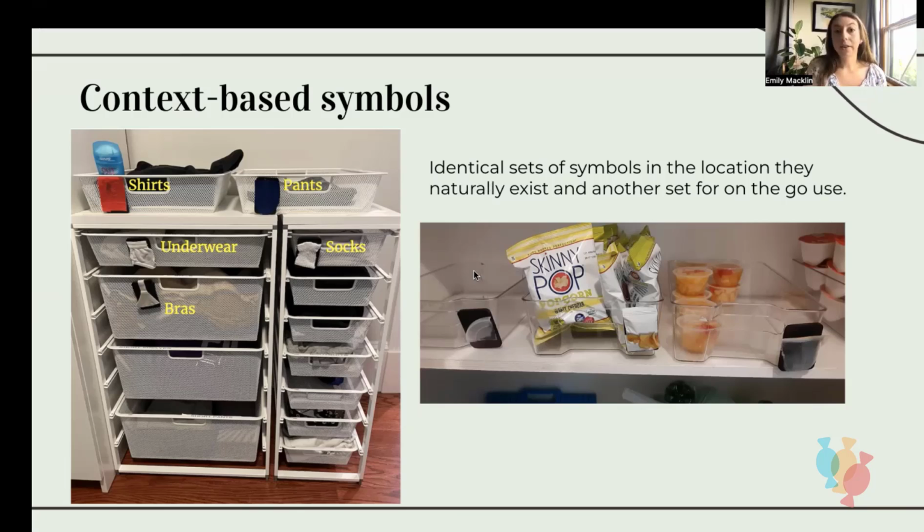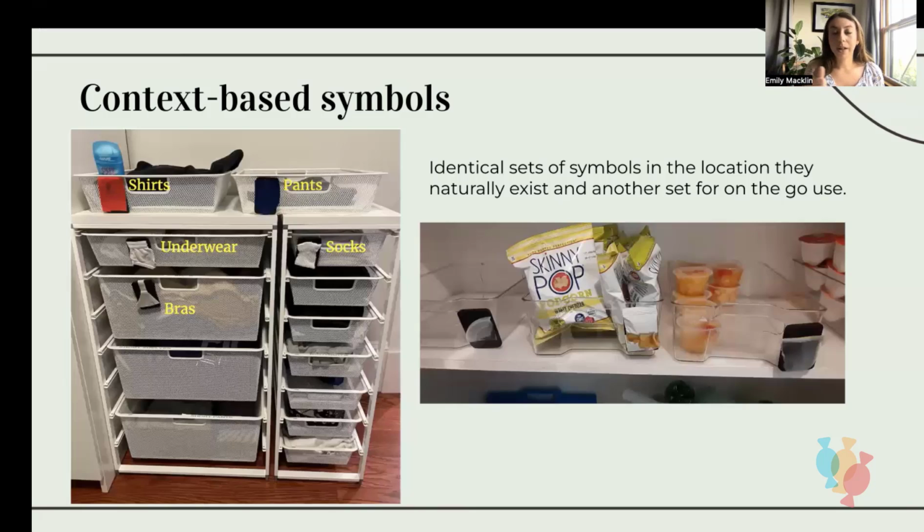Another example here is in her pantry, where we have labeled bags of chips or popcorn, bagged snacks, cups of fruit, and then an empty container on the left. Those are cups of cookies, a huge hit. Those are located where they will be stored. So if she wants a snack, she could feel her symbol: okay, those are where my fruit cups are, those are where my bagged items are, and those are my cups of cookies.